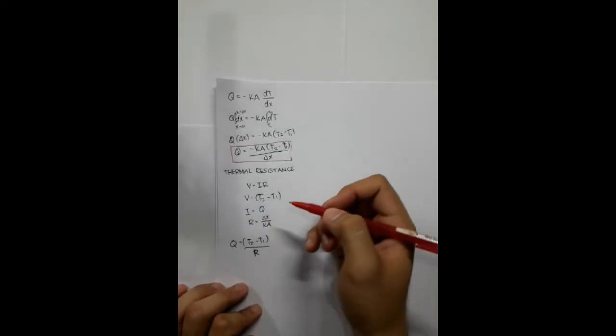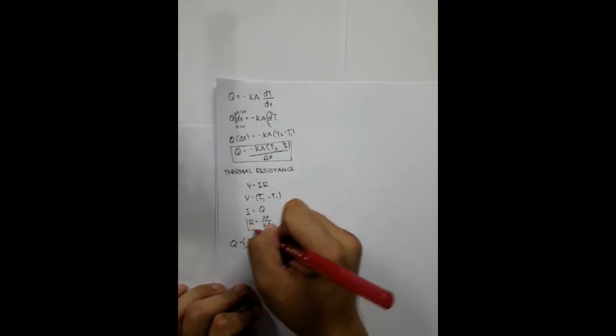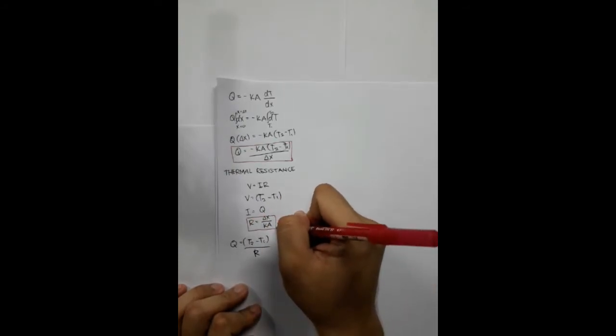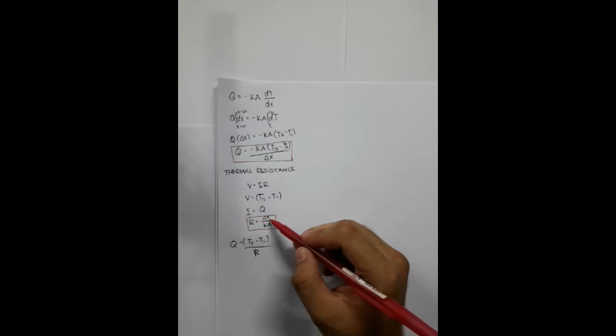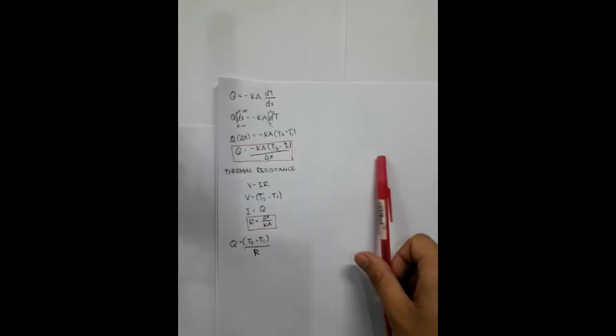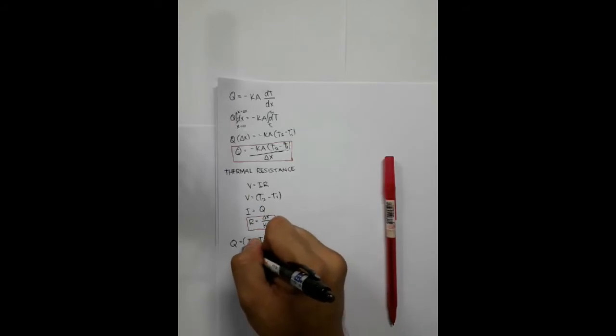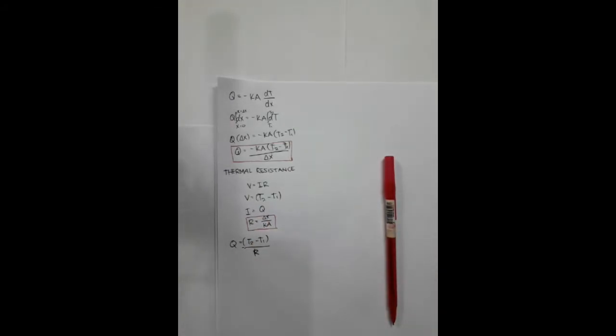So, pakitandaan na lang po na ang thermal resistance for conduction is delta x, or yung thickness or length ng wall, over thermal conductivity times A. Huwag mo kalimutan po pala, lagyan ng negative sign dito.